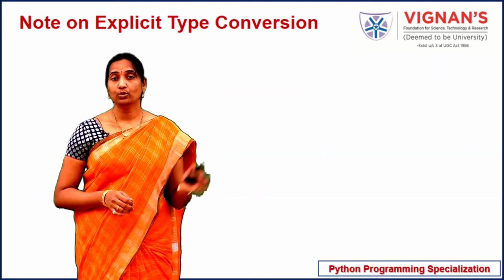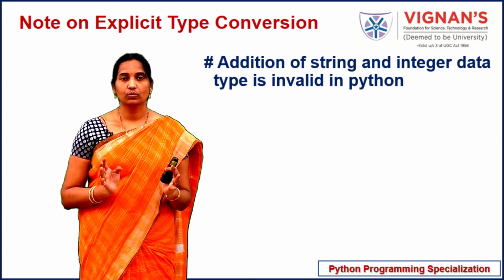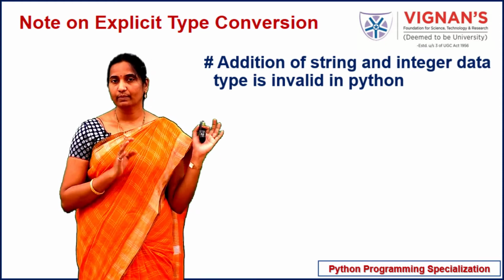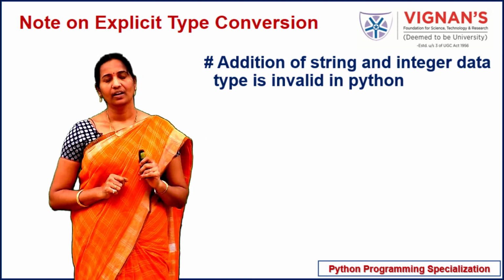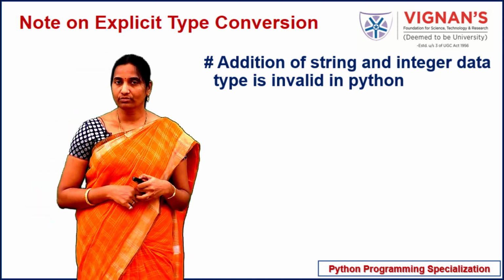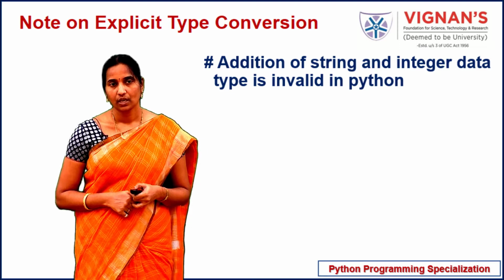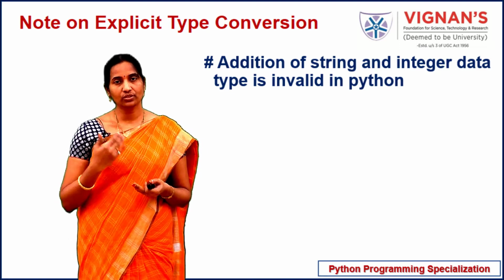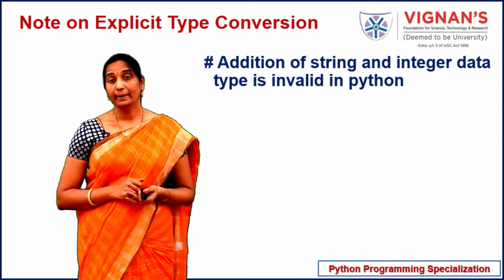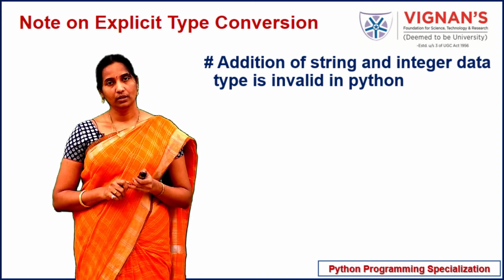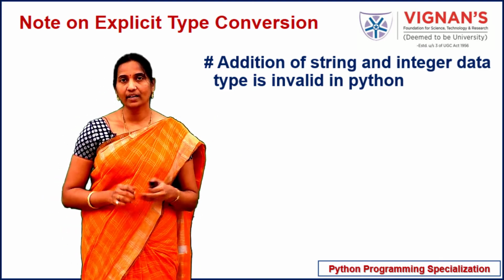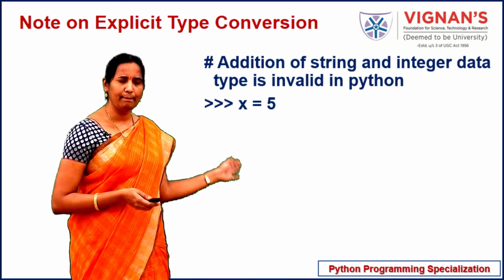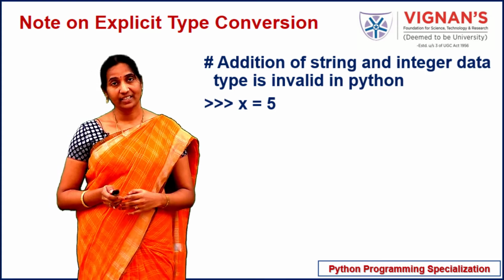One more point to be remembered is, Python is a strictly typed language. That is, unwanted changes in the types are not valid in Python like in other languages. In weakly typed programming languages, the compiler or the interpreter themselves will change the type of the variables, but that is not valid in Python. Whenever you are adding a string to an integer, it's invalid. Consider this example, x equal to 5, x is an integer.